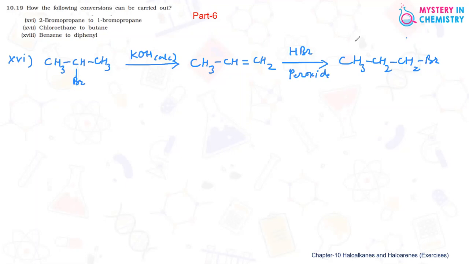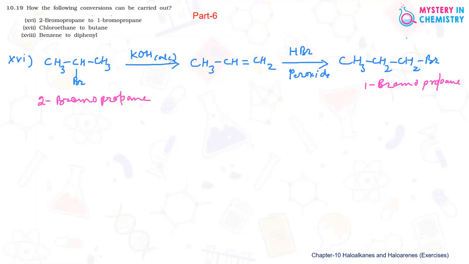So we can write this is 1 bromopropane and this one is 2 bromopropane, that is the starting point, and that is how it is converted to 1 bromopropane.